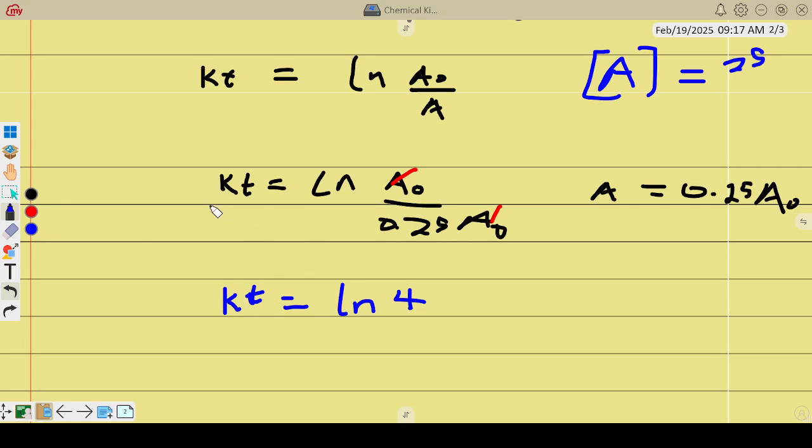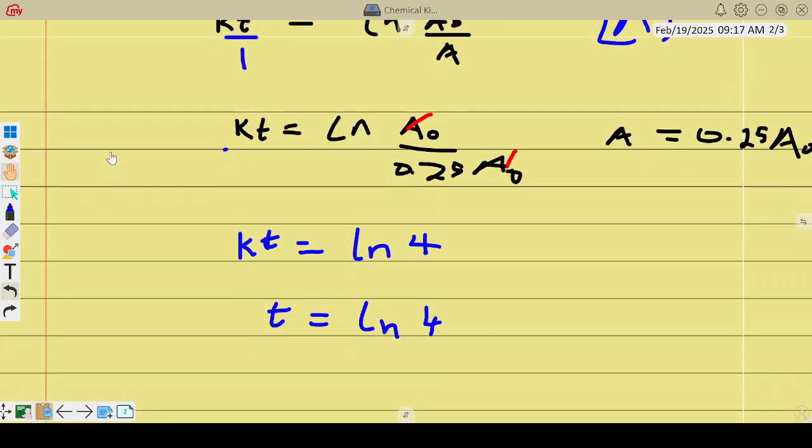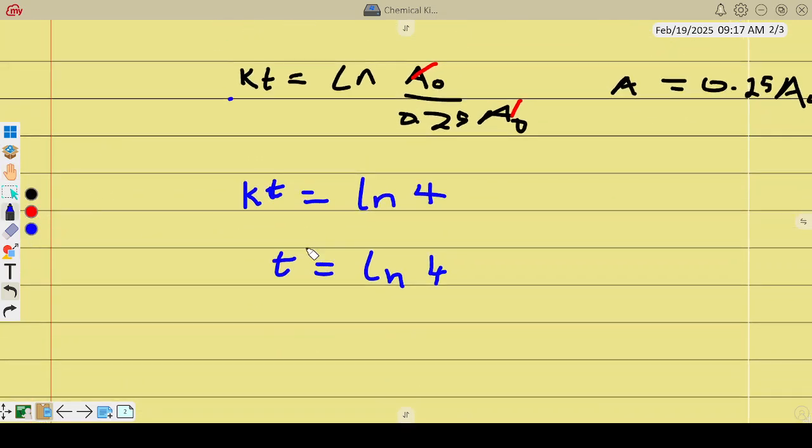I didn't want to do over k from this point, because we're going to have too many fractions. So after simplifying this part, that's when we can say t is equal to ln 4 over the rate constant, when we divide by k.